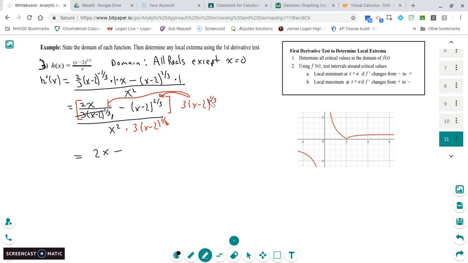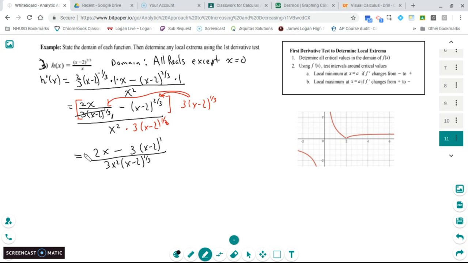Okay, now this quantity times the second term, well, the 3 will be there. And then x minus 2 is a like base. When you multiply like bases, you add the exponents. So that's the base x minus 2, and then 2/3 and 1/3, we add that, we get 3/3 or 1. So just a 1. And then all over 3x squared times x minus 2 to the 1/3.